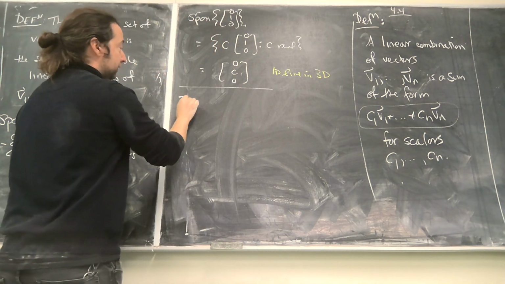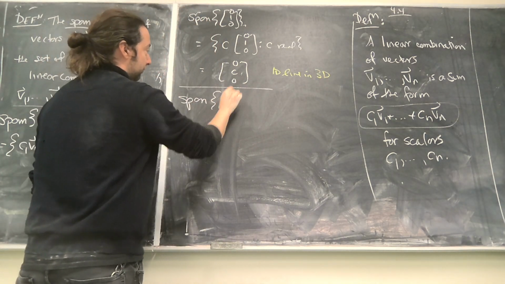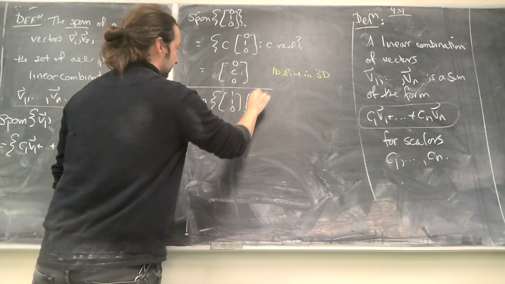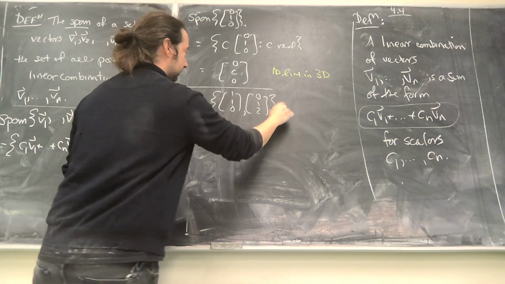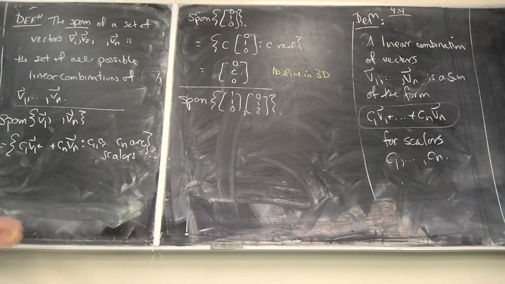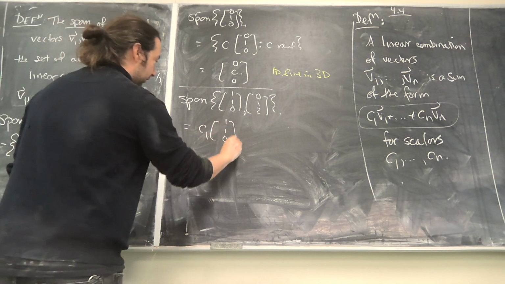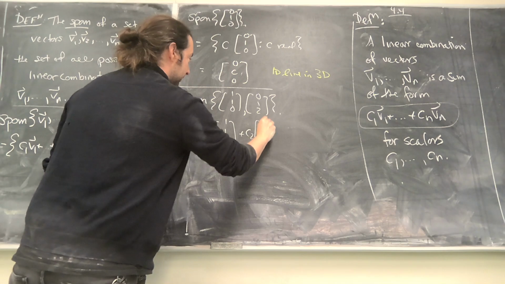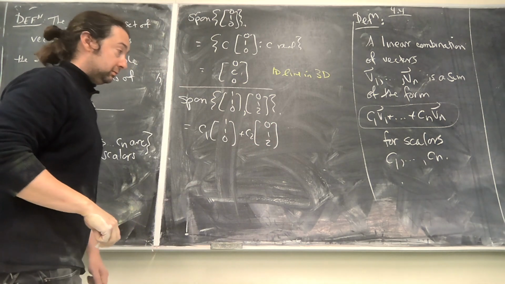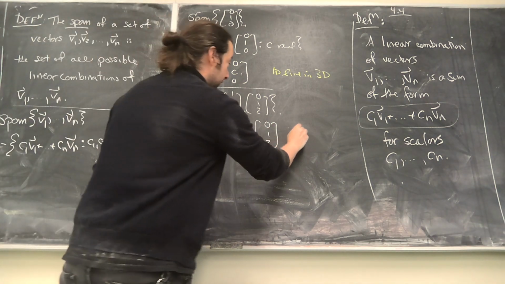If I asked you for the span of 1, 1, 0 and 0, 1, 2, then you would write down c1 times 1, 1, 0 plus c2 times 0, 1, 2, where c1 and c2 are real.